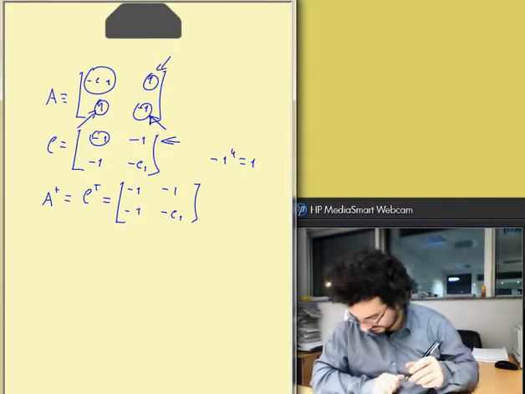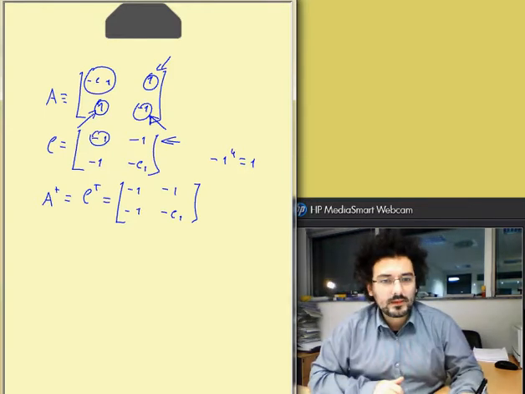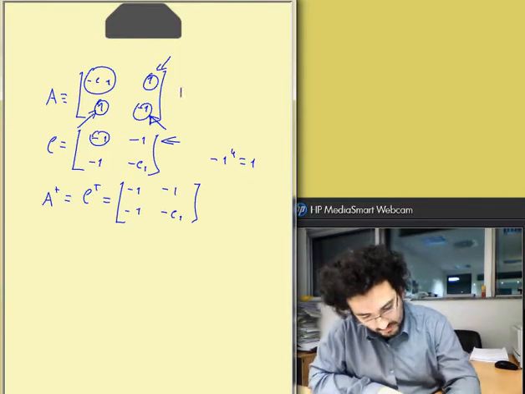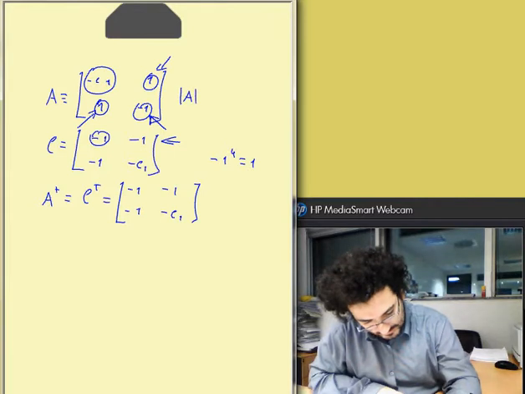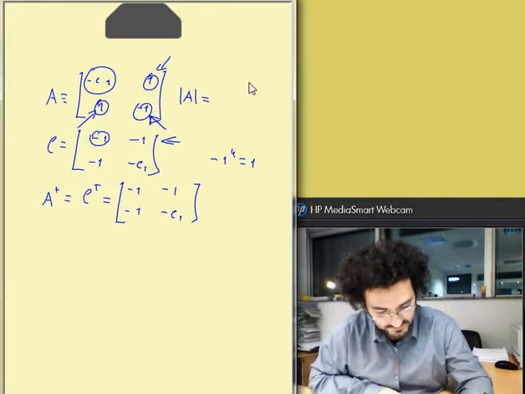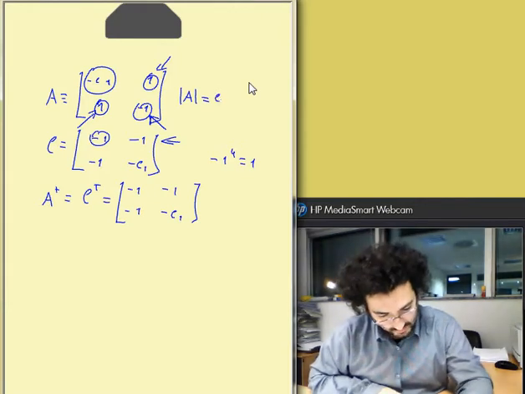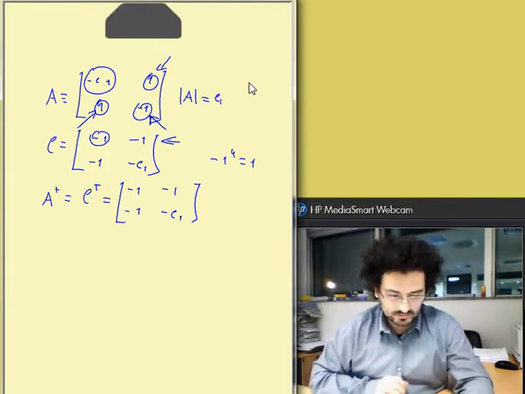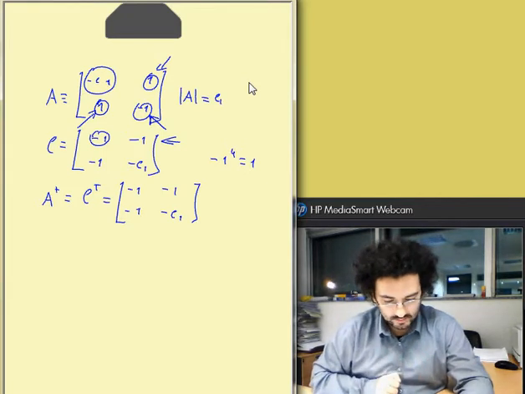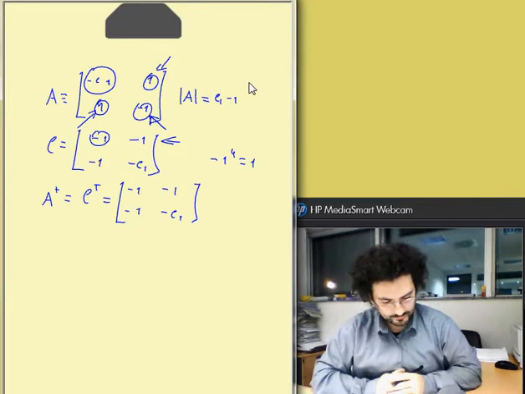And now we need to compute the determinant of matrix A. Applying the rule, this is equal to the product of the elements along the main diagonal, minus the product of the elements on the second diagonal. So this is the determinant.